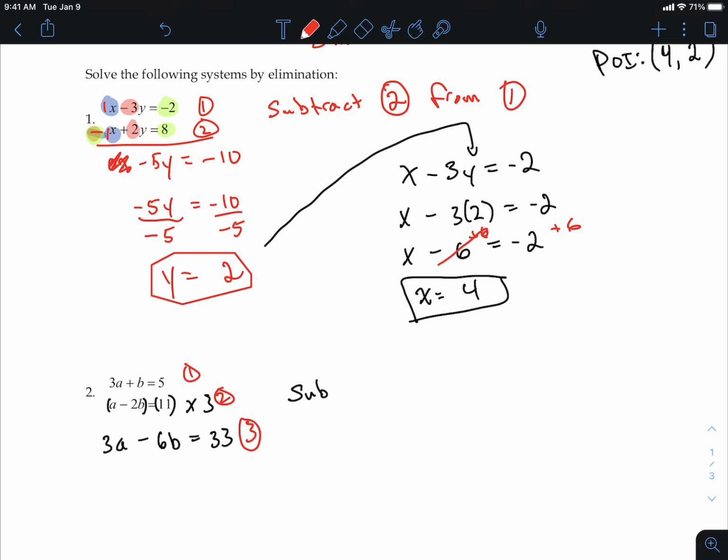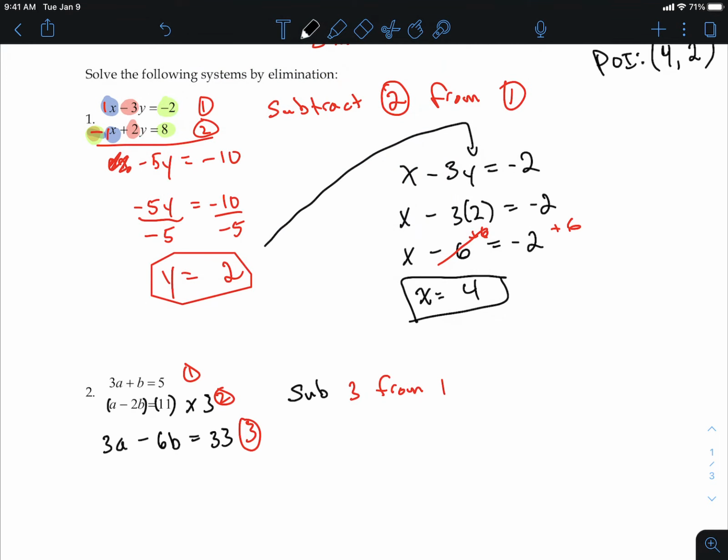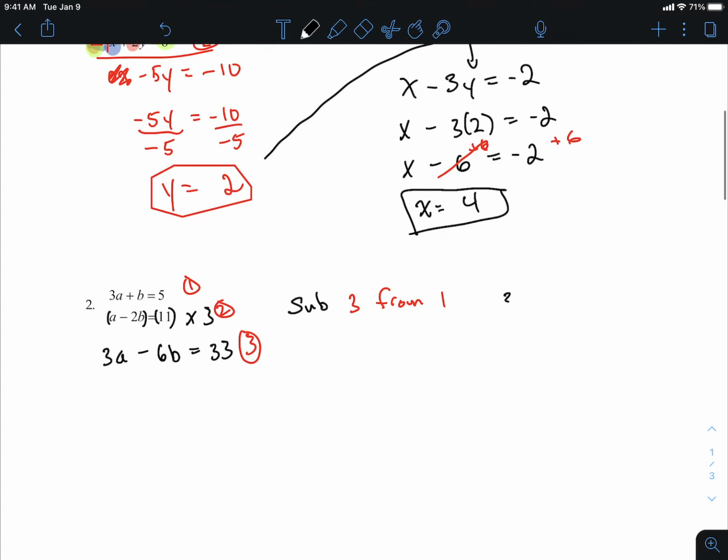1, 2, 3. If I subtract 3 from 1, right, then I'm going to get what? I'll rewrite it over here. 3a plus b equals 5 minus, because I'm subtracting, 3a minus 6b equal to 33.